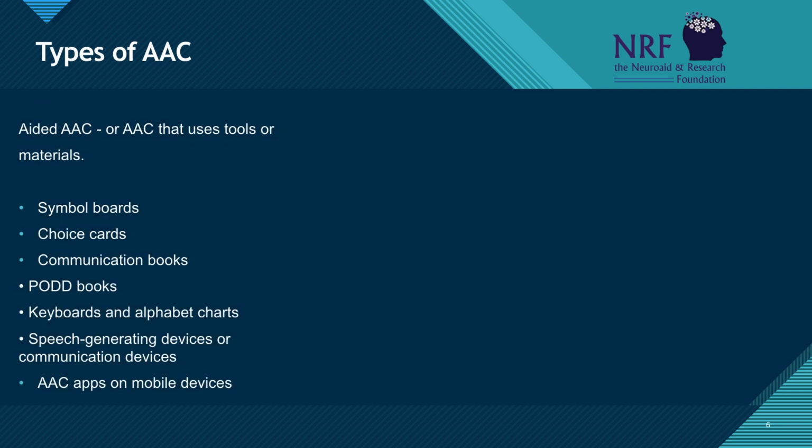For aided AAC, that we use tools and materials, the following are mentioned: symbol boards, choice cards, communication books, PODD books, keyboards and alphabet charts, speech generating devices or communication devices, AAC apps on mobile devices. These range from low-tech, mid-tech to high-tech AAC.